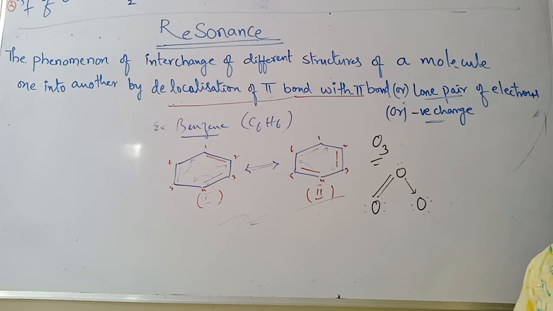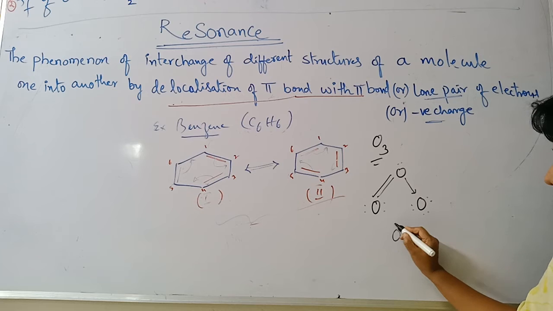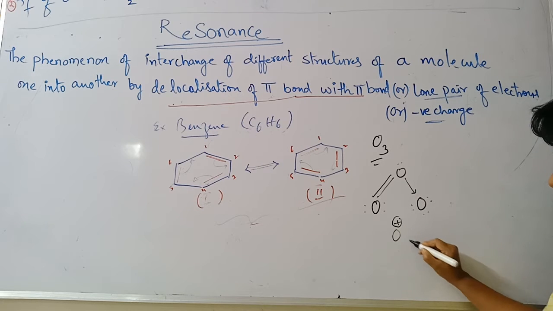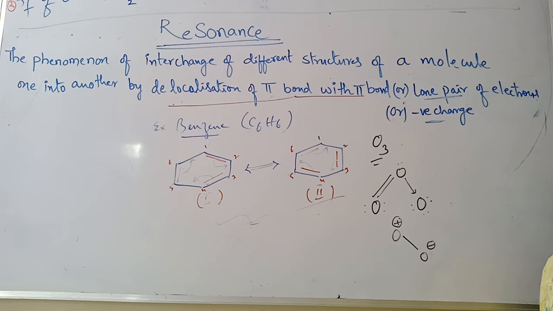Because of this, we see that this second oxygen is losing an electron. So on the second oxygen we can write a plus charge, and on the third oxygen, as it is getting the electron, a negative charge. This third oxygen is not using any electron, so I'll write all the 6 electrons as it is.